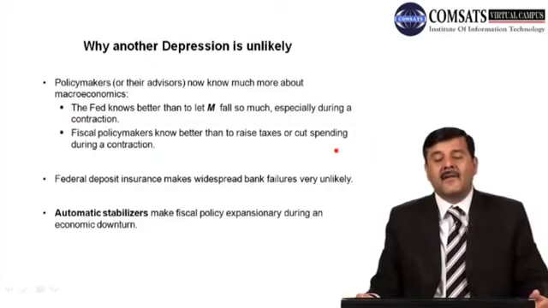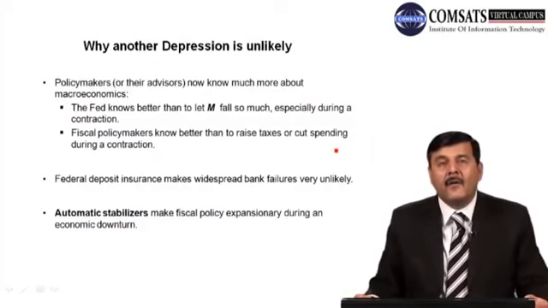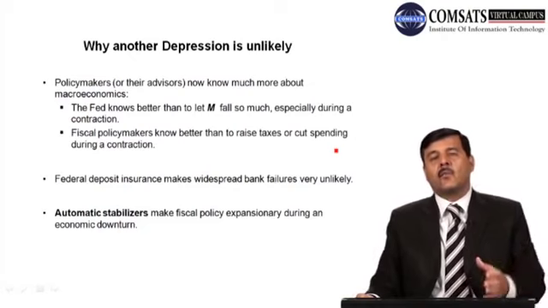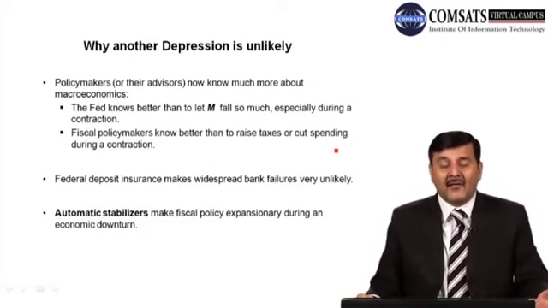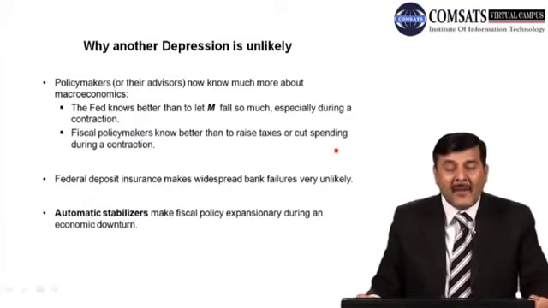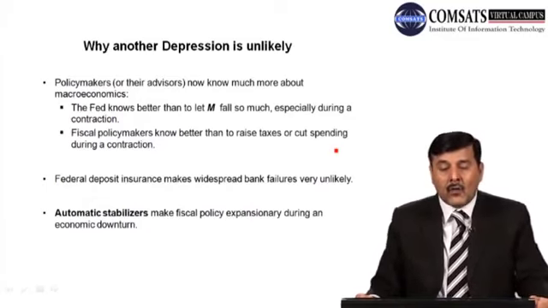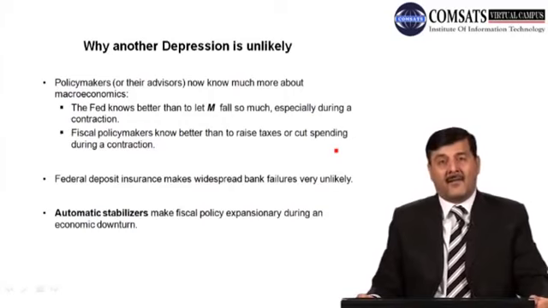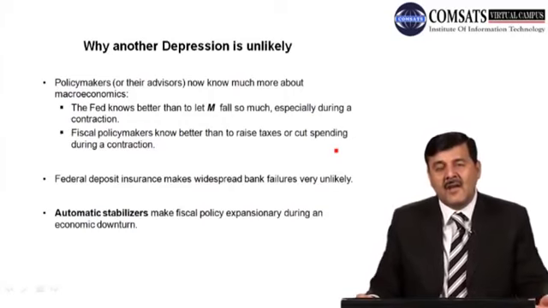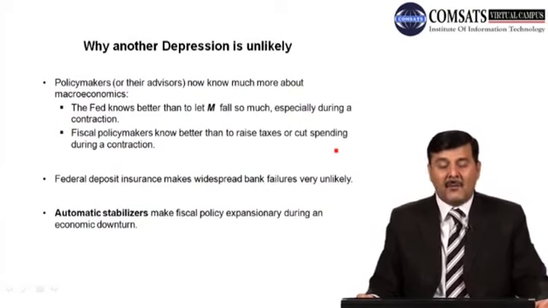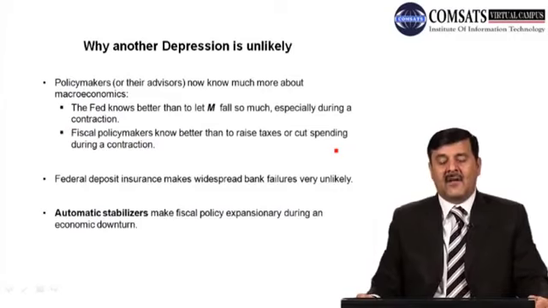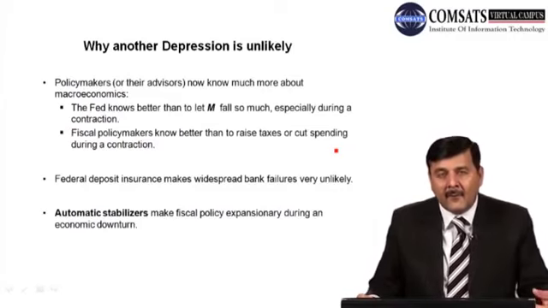Why is another Great Depression unlikely? Why do we think the US economy is not going to have another depression? Because policymakers now know much more about macroeconomics. They know what the macroeconomic variables are and how to treat them. The Fed knows better than to let them fall so much.